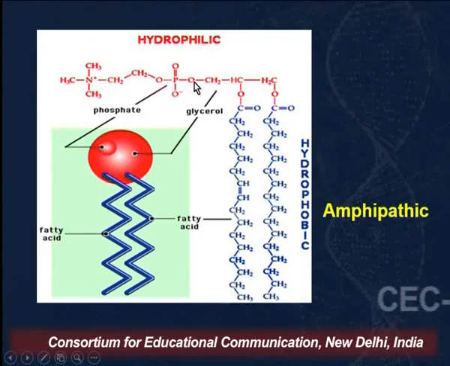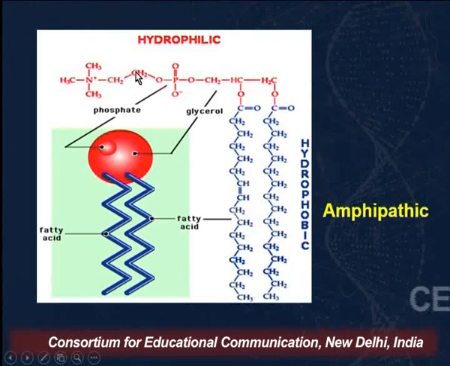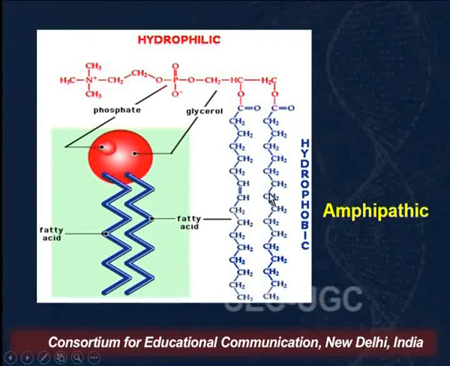The phosphate group is forming a phosphoester bond with the third carbon of the glycerol, and on the other side it is again forming a phosphoester bond with a nitrogenous base here, and the two hydroxyl groups of glycerol are involved in acyl linkage with the two fatty acid molecules.